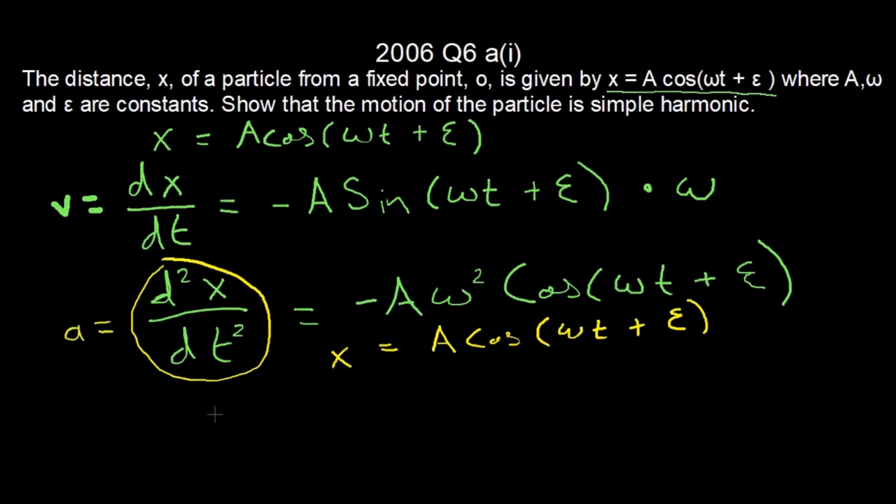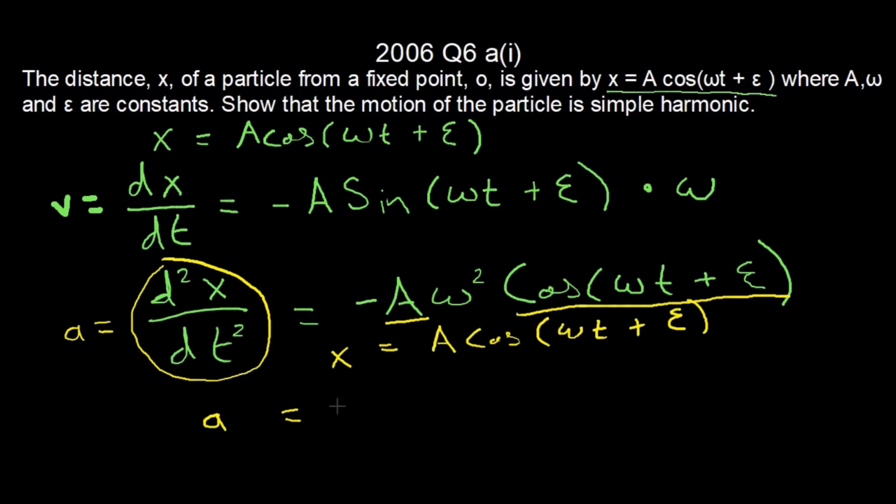So you get a is equal to, we're going to substitute x every time we see a cos omega t plus epsilon. So we see a cos omega t plus epsilon, and we have omega squared and a minus to spare.